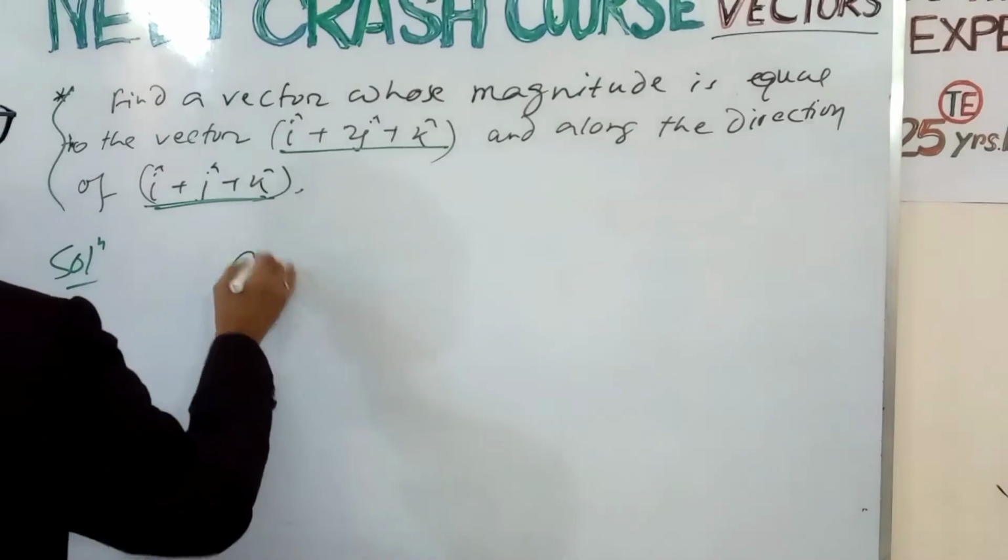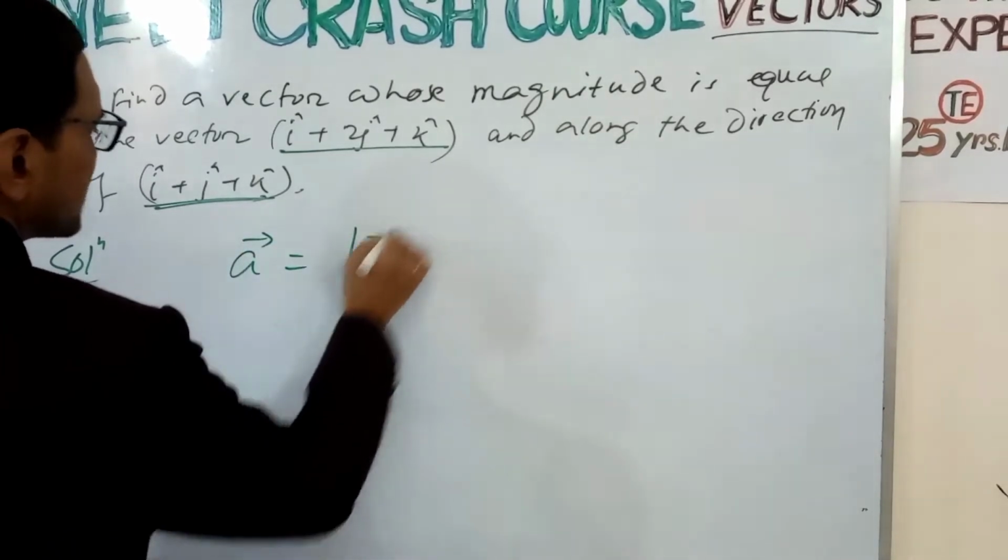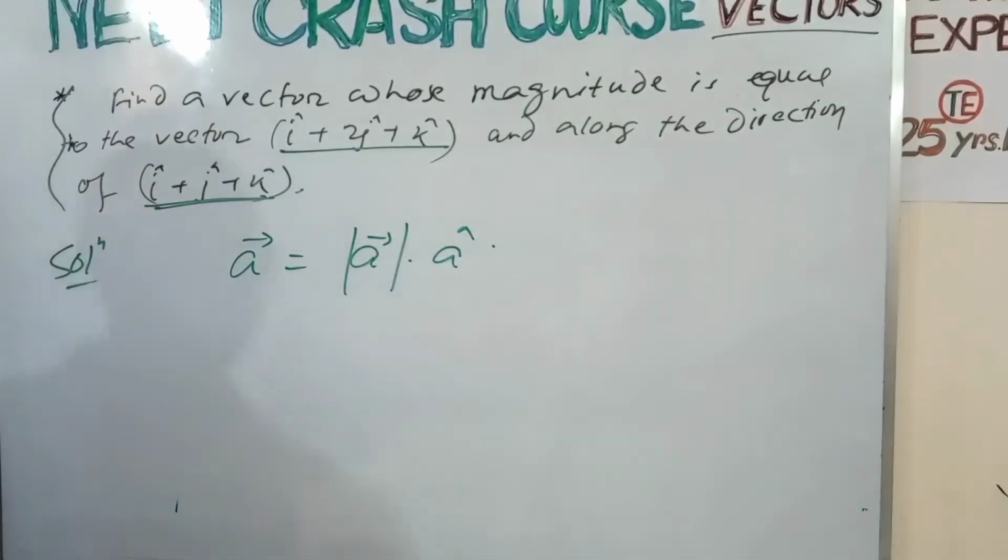Now we know a vector equals its magnitude into direction.